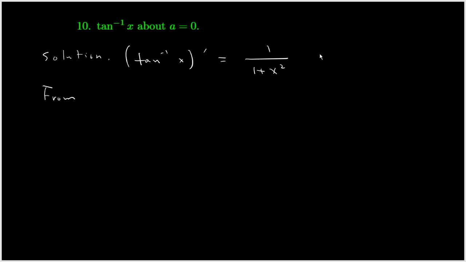Now from question 9, you have to repeat the procedure. From question 9, you want to represent the derivative of inverse tan. So by that we mean you represent 1 over 1 plus x squared using question number 9.